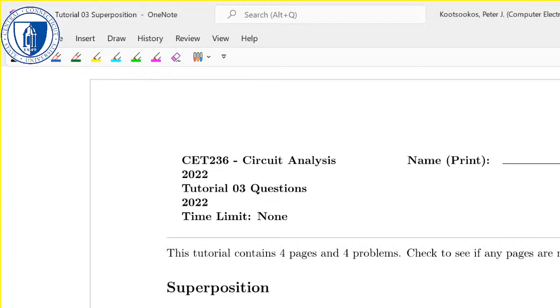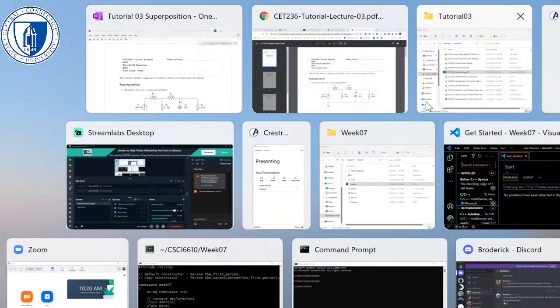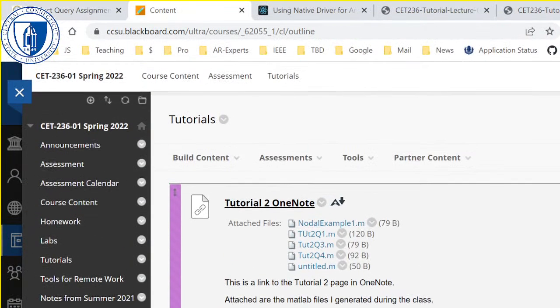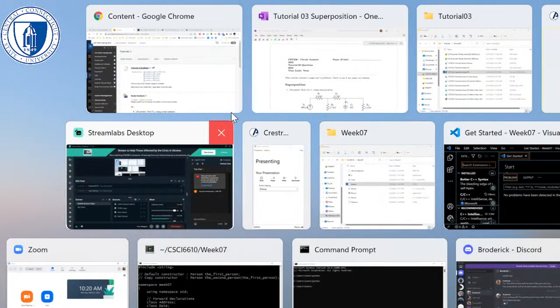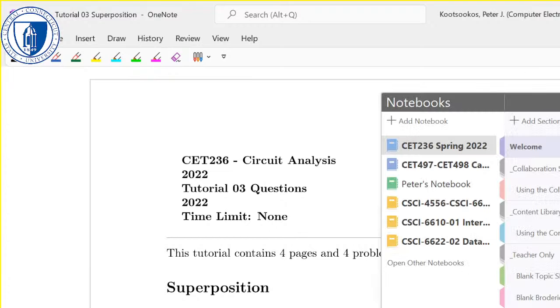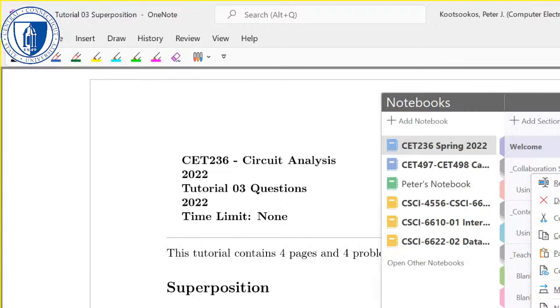But let me also set that up. So there's tutorial 3. Copy link to page.